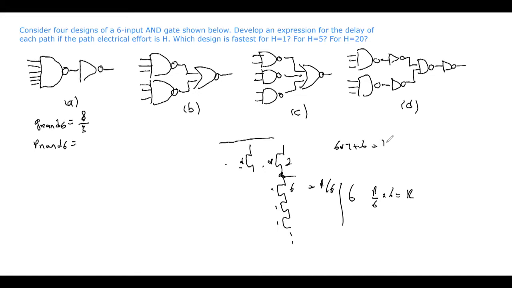This will make 18 units of capacitance divided by 3, which gives us 6 units of parasitic delay for the 6-input NAND gate.